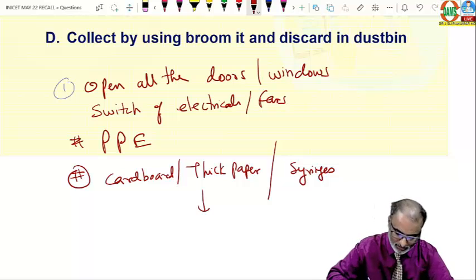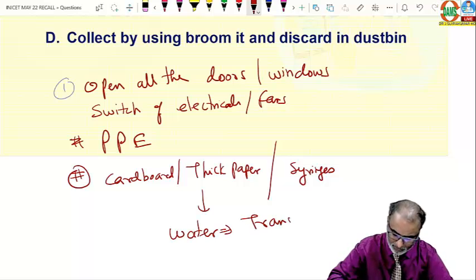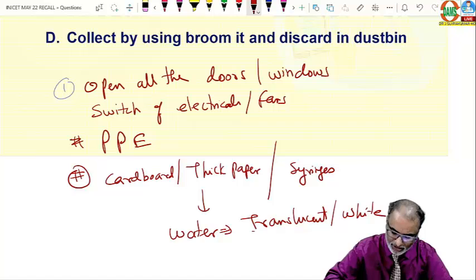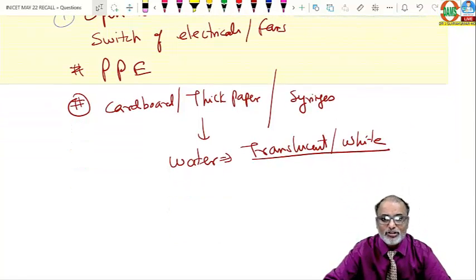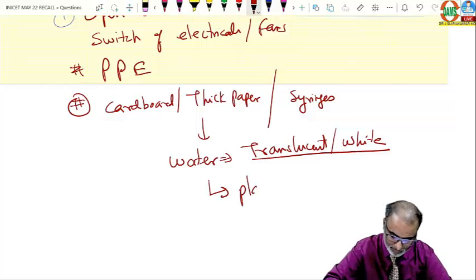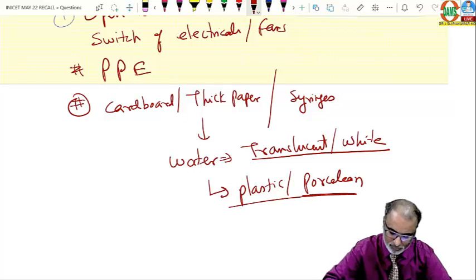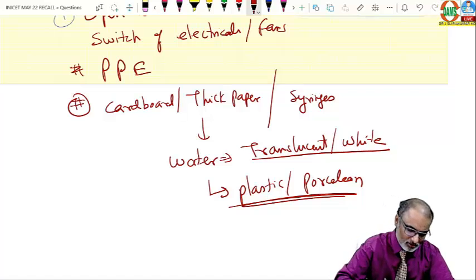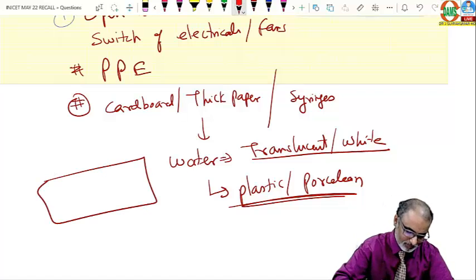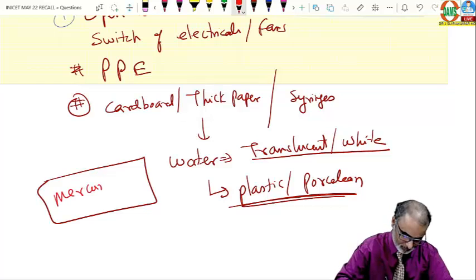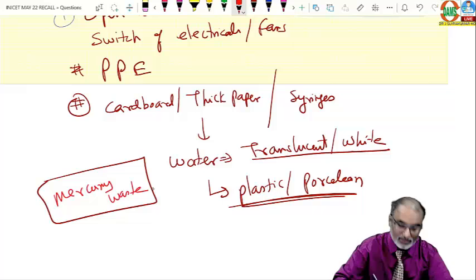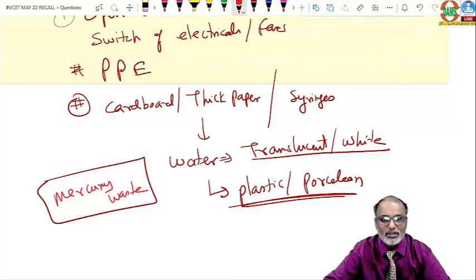You need to put it in water, in a translucent or any white container which contains water. The container should not be made of any metal because it may react. It should be either plastic or porcelain. And you need to write a label: mercury waste. This is the method of disposal of mercury.